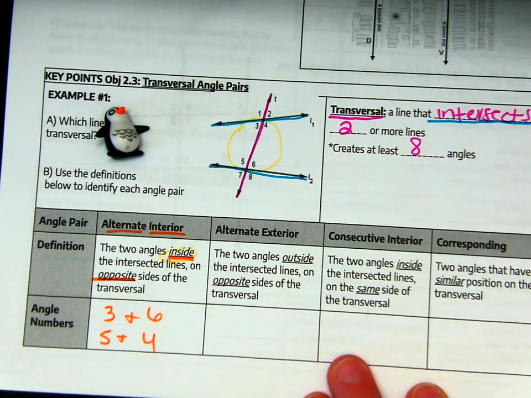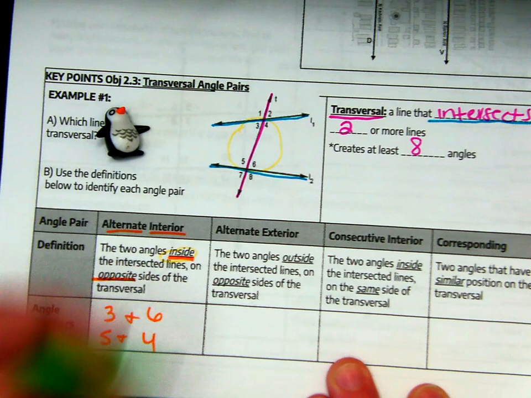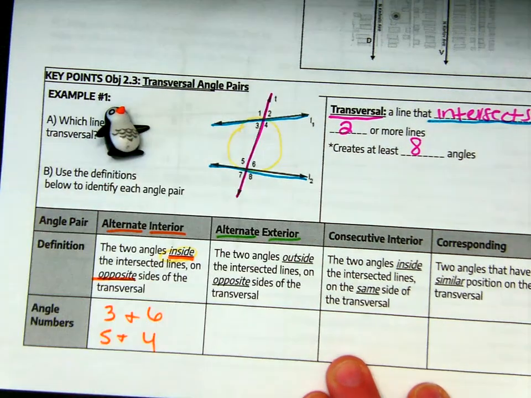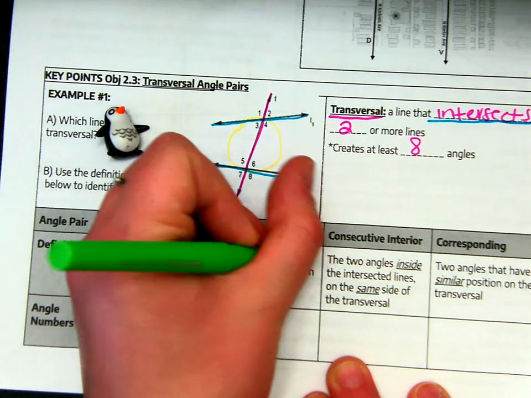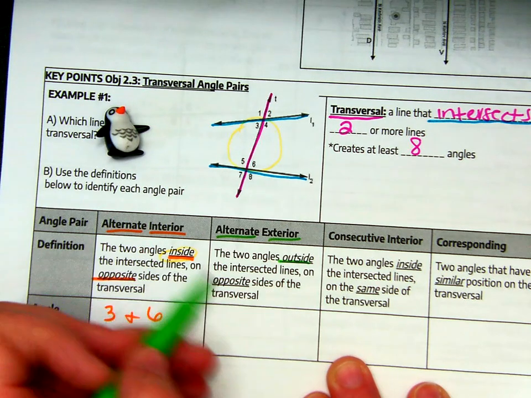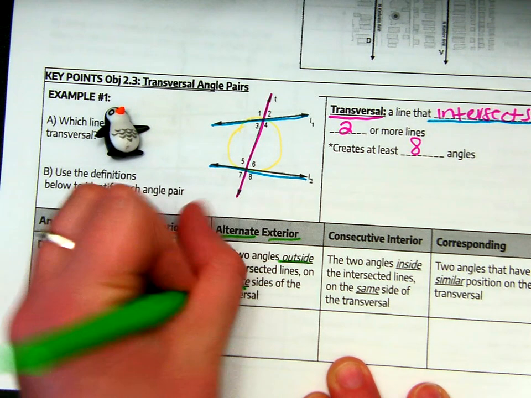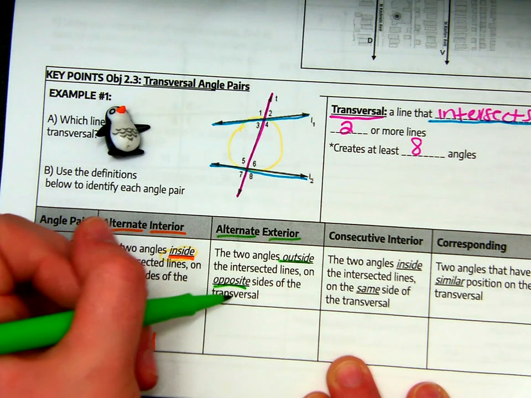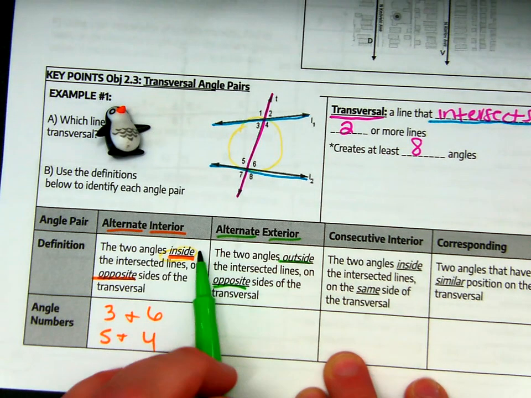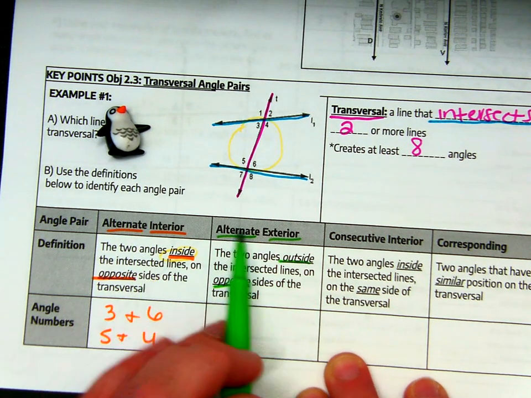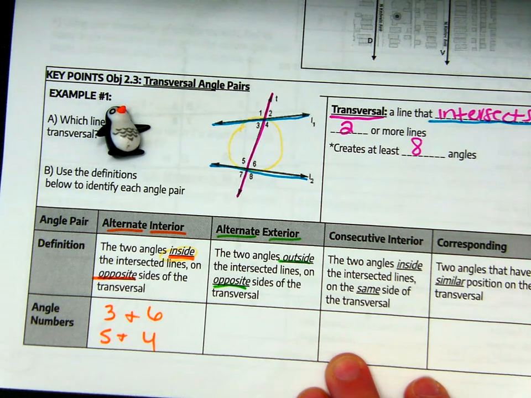Another type is called alternate exterior. These are two angles outside the intersected lines on opposite, alternate sides of the transversal. The words are telling you where in the picture these angles are.